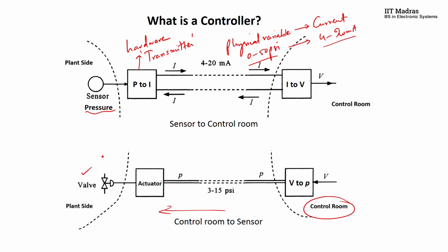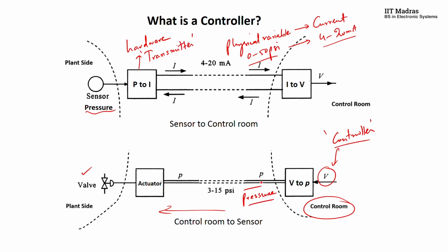The first option is you take a voltage which comes from the controller. This control output is a voltage, and this voltage can be directly converted into pressure. This line is a pressure line.